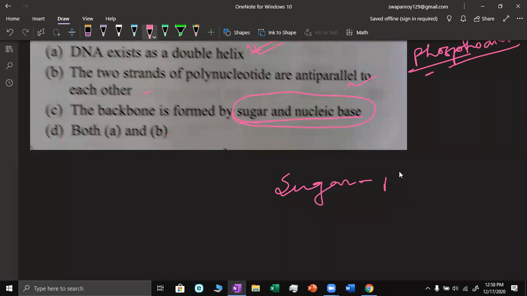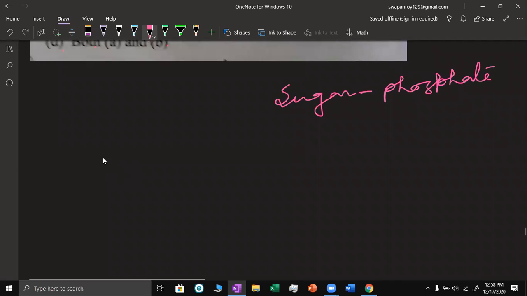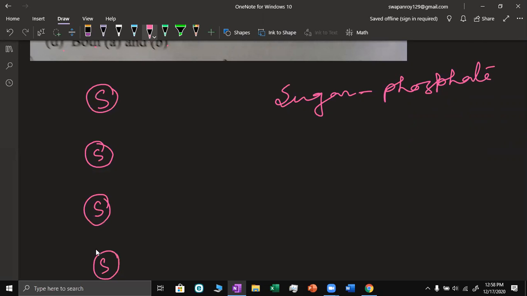Sugar, phosphate. If we say sugar, sugar, sugar, sugar, there is phosphate, phosphate, phosphate, phosphate. So this sugar is attached to phosphate, again phosphate attached to sugar, then phosphate, sugar, phosphate.